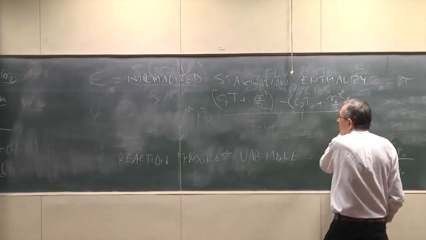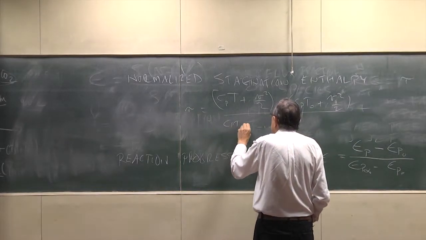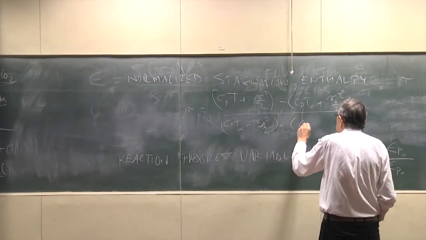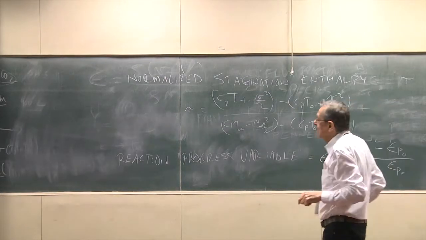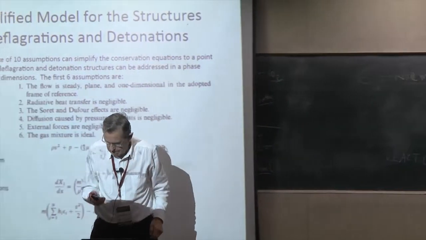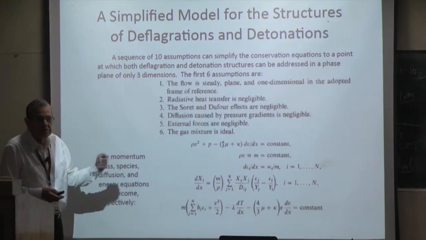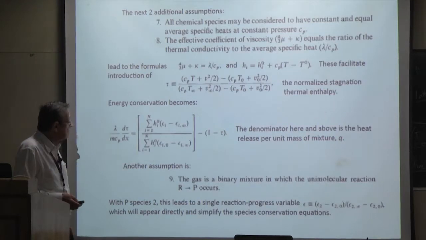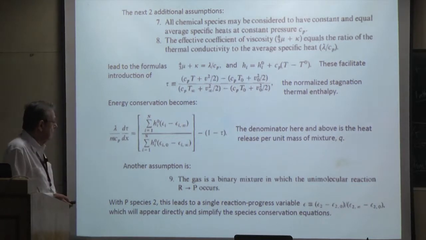And then normalized to go from 0 to 1, just like epsilon: Cp T infinity plus V infinity squared over 2, minus Cp T naught plus V naught squared over 2. Okay? So it's helpful to work with those two normalized variables for the reaction progress and the stagnation enthalpy. That's what I just wrote down.